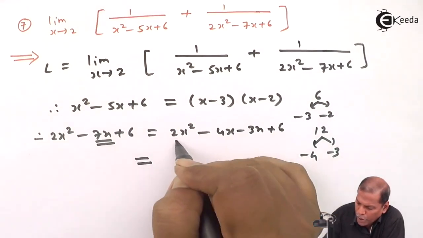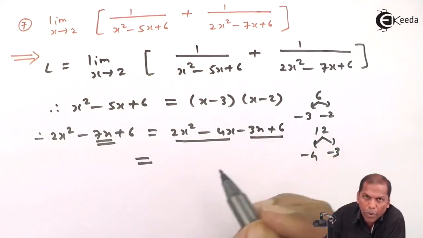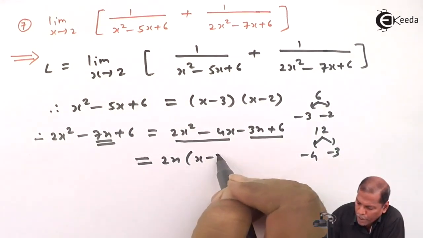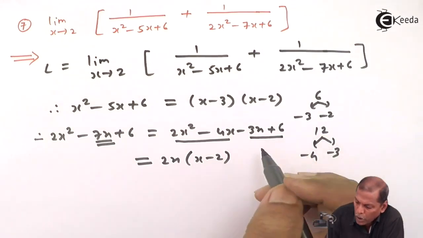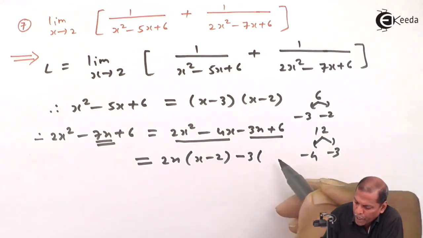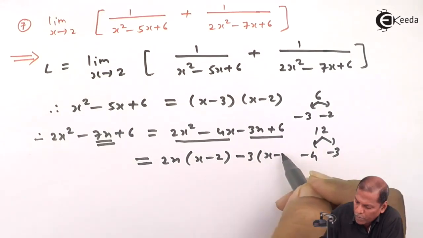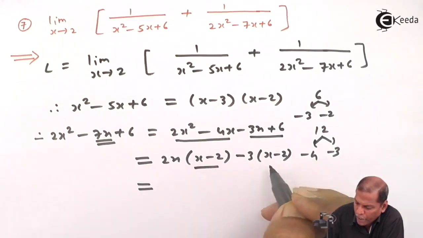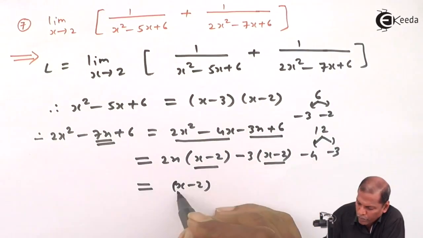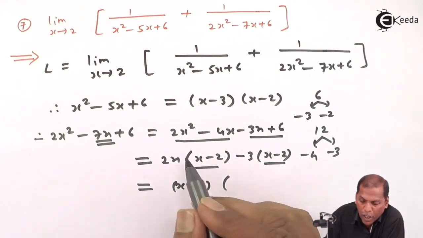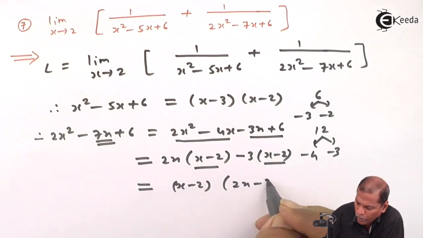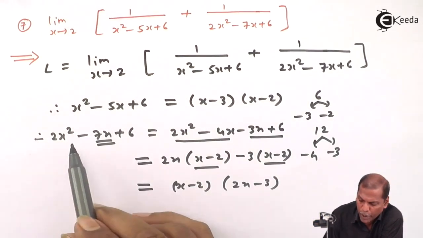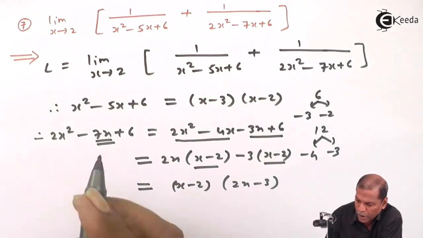Now we make groups of two terms. From the first group we take 2x common, so in the bracket we have x − 2. From the next group we take −3 common, and in the bracket we must have x − 2. From that we take x − 2 common, so in the second bracket we must have 2x − 3. So these are the required factors for 2x² − 7x + 6.